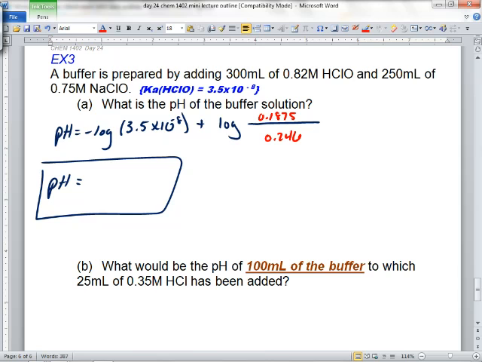Okay, so that's how I set up my Henderson-Hasselbalch when I figured out the moles of conjugate base and the moles of conjugate acid.